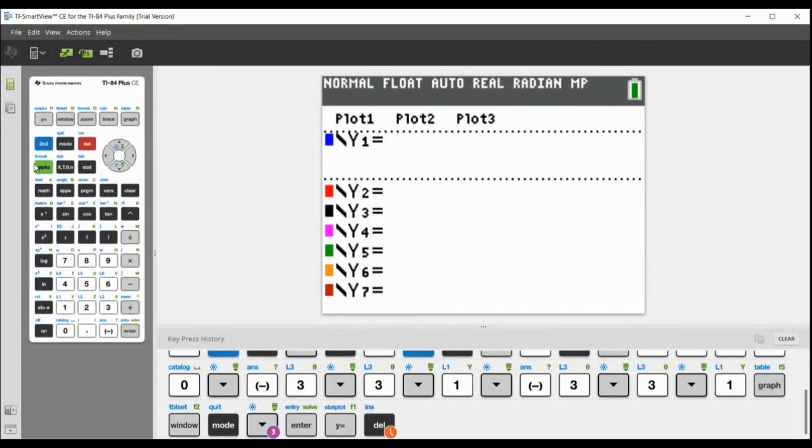And I want to type in, I'll make it just sort of easy here.